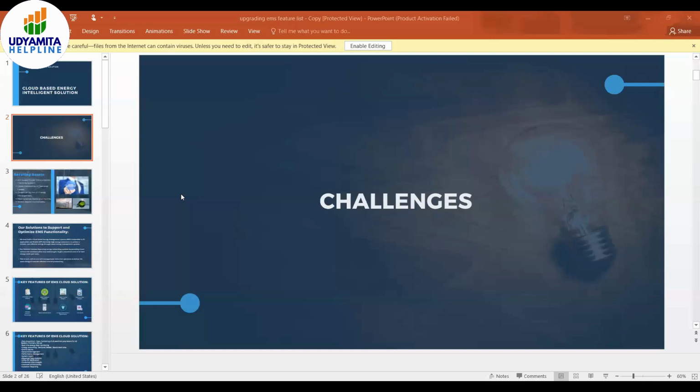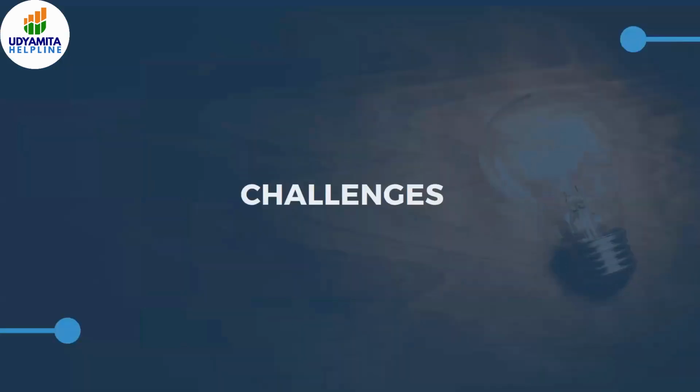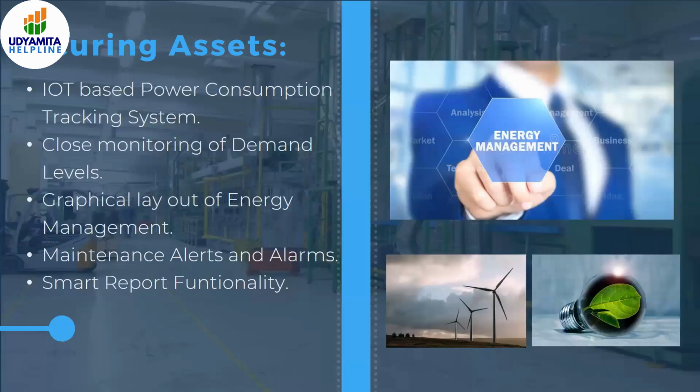Up to now I have shown you everything related to production and predictive maintenance. Now we are going to see energy and utility equipment. Any manufacturing unit has a lot of challenges.